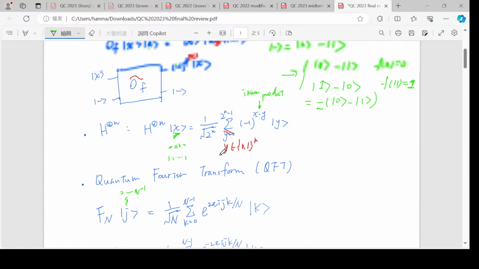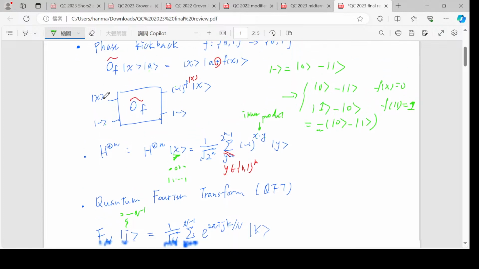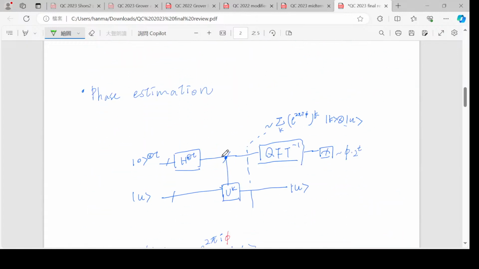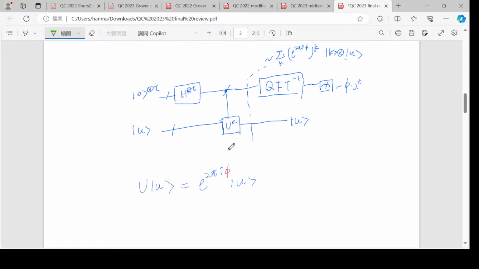All those oracle algorithms solve a classical problem. We think f is a classical function, and you have some big F that's another classical function we want to solve. The only quantum part is this small f oracle, which can take superposition input and output. But phase estimation is really a quantum algorithm.